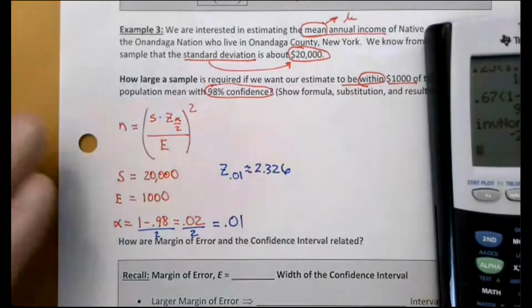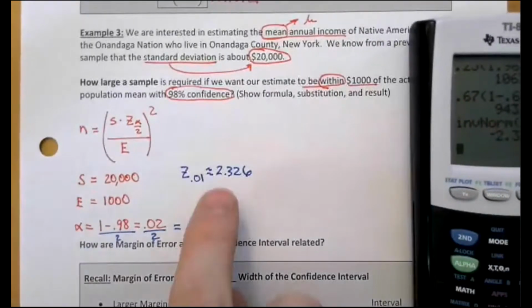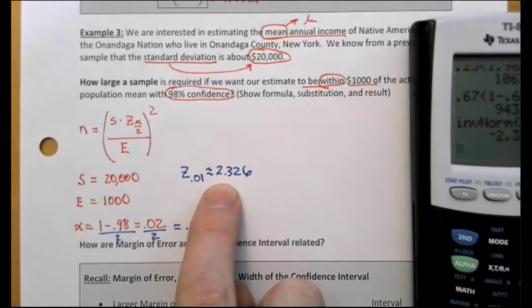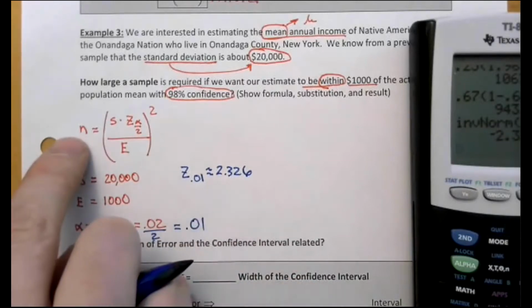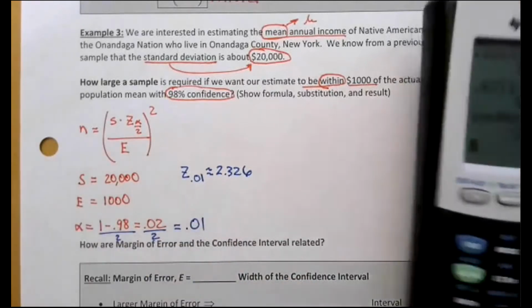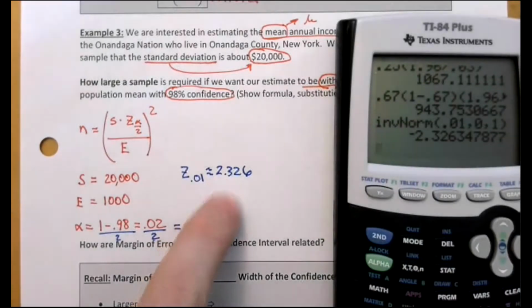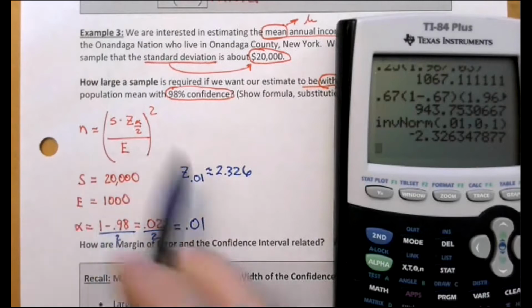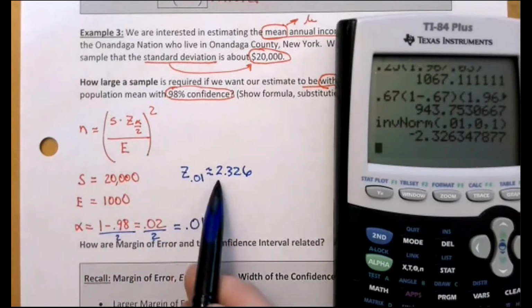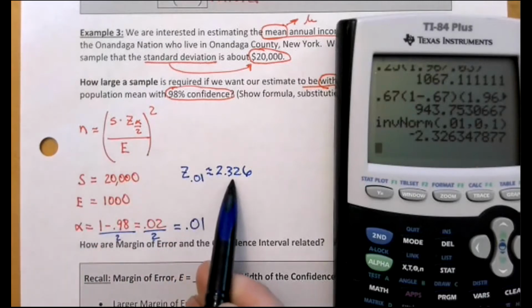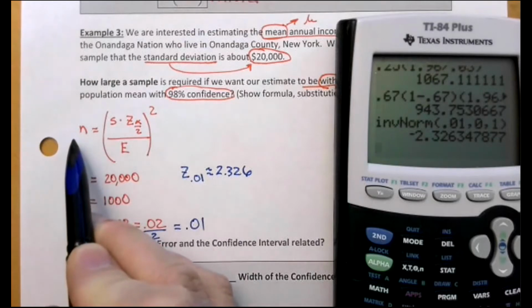You have to be careful with MyStatLab, because rounding this to not enough decimal places will change what n is. I'll try to open up MyStatLab and see how they ask these questions, because it would be easy to get these wrong. Like we could do this as 2.33, and that's going to change this by a couple numbers.